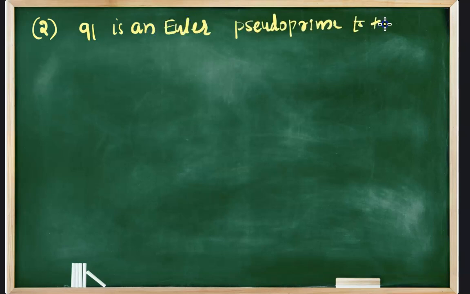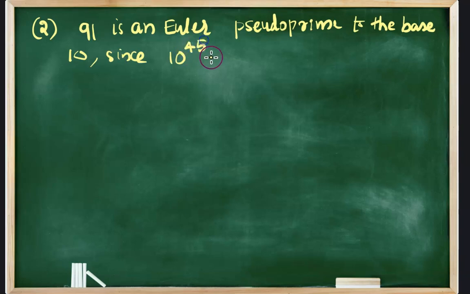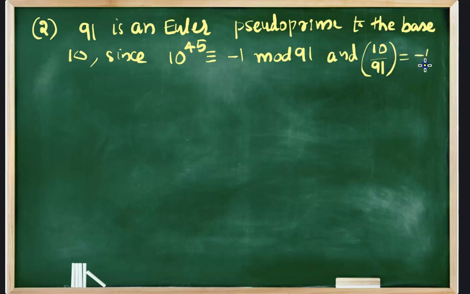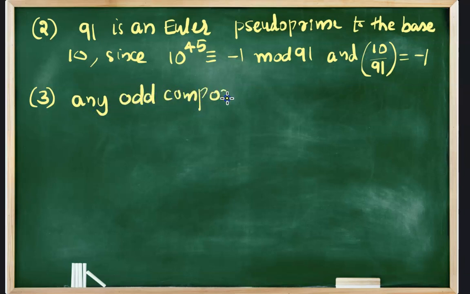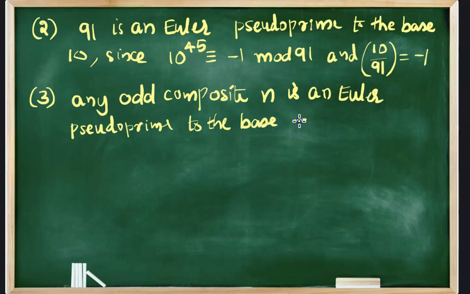As another example, we can observe that 91 is an Euler pseudo prime to the base 10, since 10 raised to 45 is congruent to -1 modulo 91, and the Jacobi symbol (10/91) is also equal to -1. A trivial example for an Euler pseudo prime would be any odd composite number n to the base plus or minus 1.